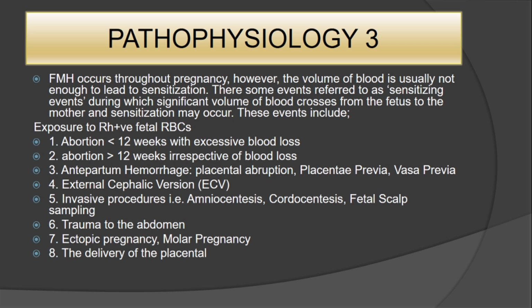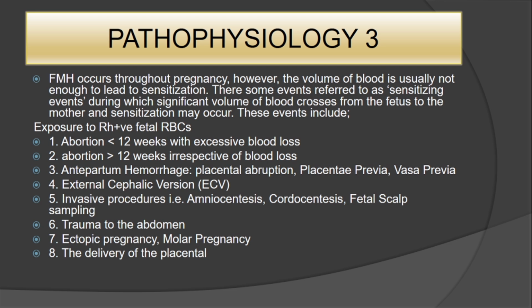Others include antepartum hemorrhage that can be caused by placental abruption, placenta previa, vasa previa, etc. We also have external cephalic version, which is a potential sensitizing event. Invasive procedures like amniocentesis, cordocentesis, fetal scalp sampling, all these can also lead to sensitization in the mother.